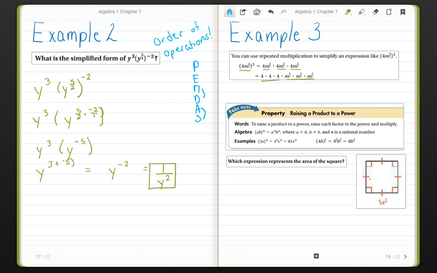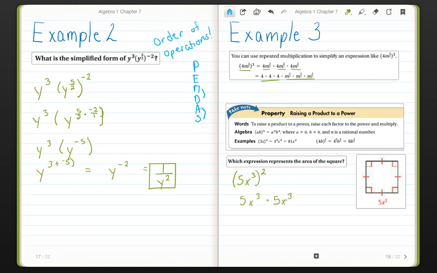So let's take a look about how to find the area of this square. This is a square with a side length of 5x cubed. So 5x cubed is going to get squared. 5x cubed times 5x cubed.